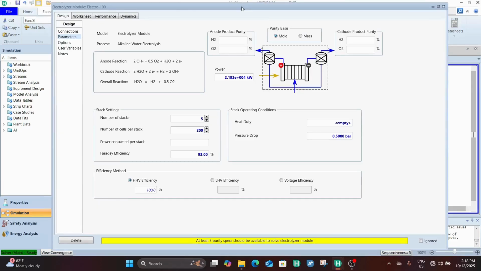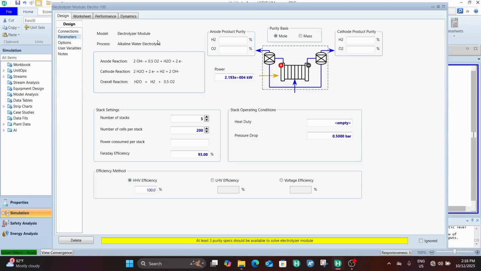Aspen HYSYS does not give an inbuilt configuration for a PEM electrolyzer, so we're just conceptually modeling a PEM electrolyzer. The concept is there, but it's not named. So this is something we cannot change. You do not need to pay much attention to the name.